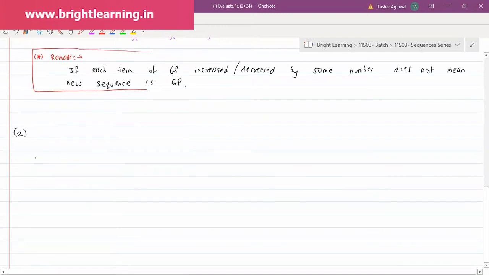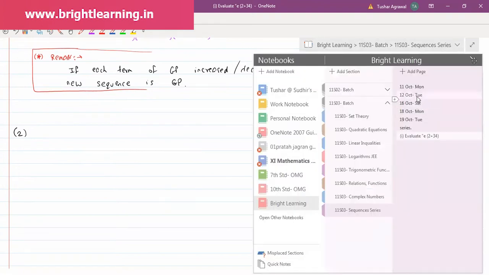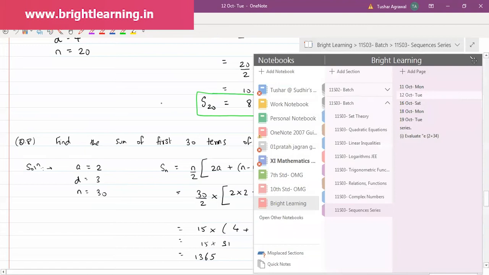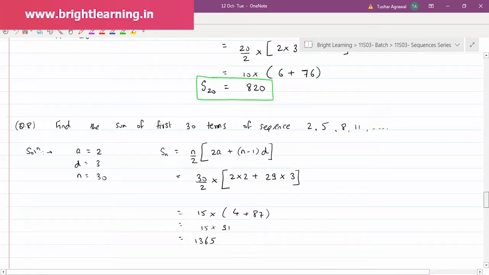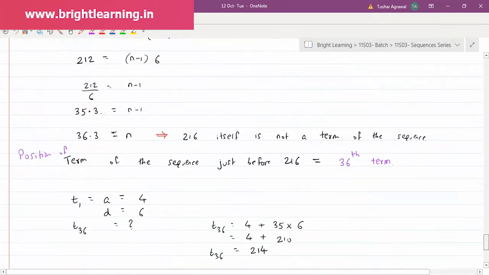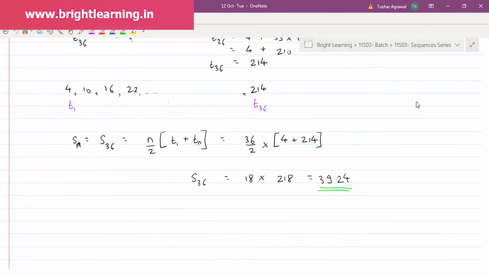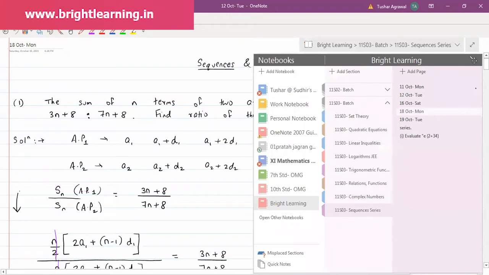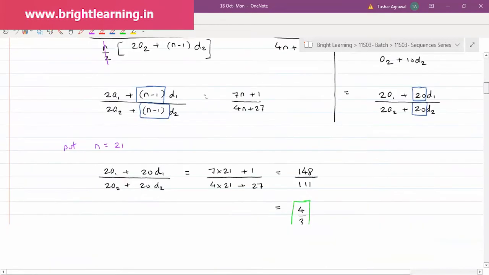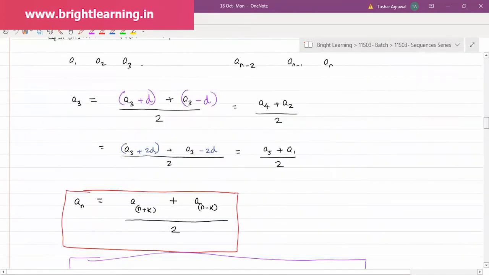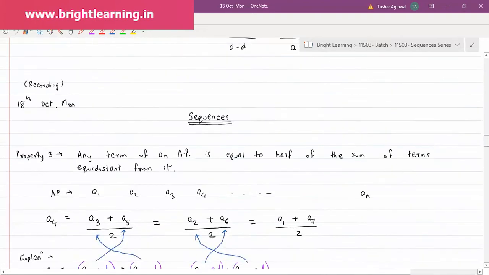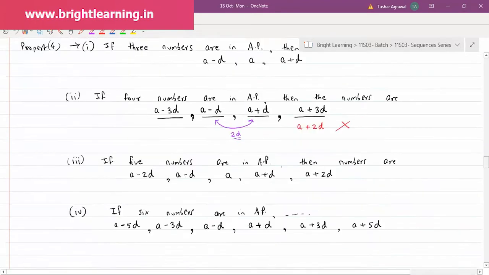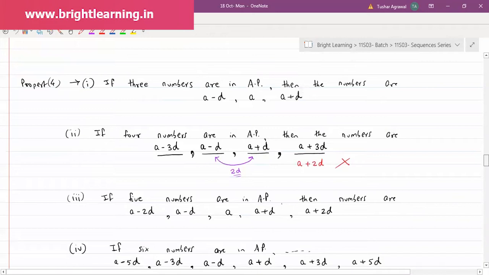Okay. Now, next point. In arithmetic progressions, whenever I tell you to take 3 terms in an arithmetic progression or 4 terms in an arithmetic progression, what general way do we take? Yes, this property.